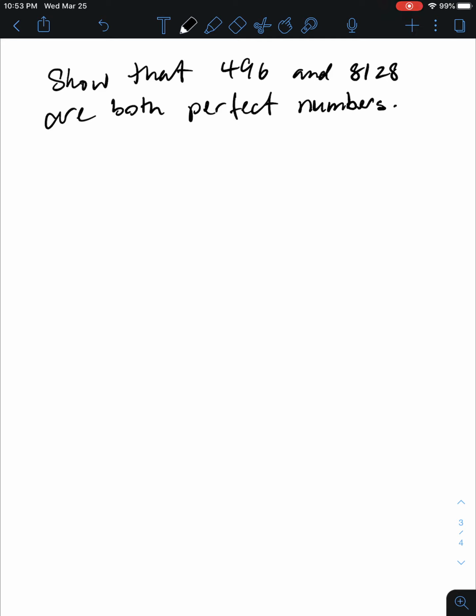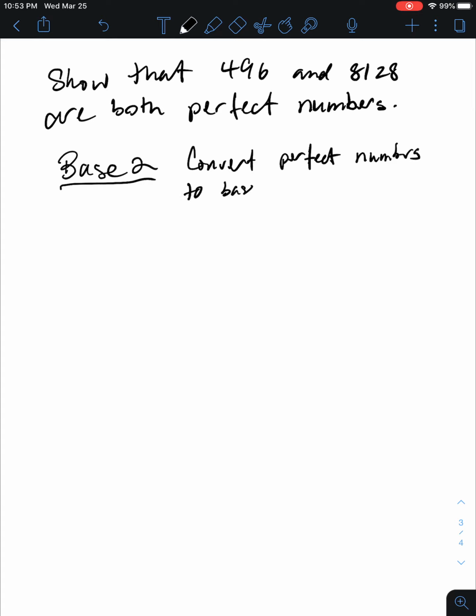So what I'm going to do is use base 2. We're going to go way back in our course and look at base 2 arithmetic. I'm going to convert the perfect numbers to base 2 representation.